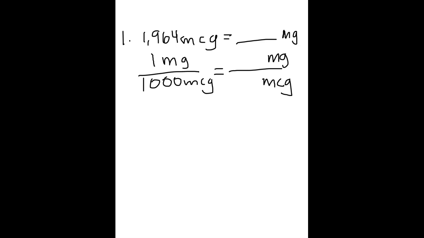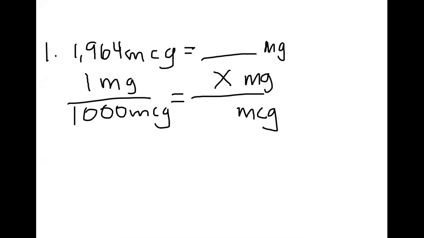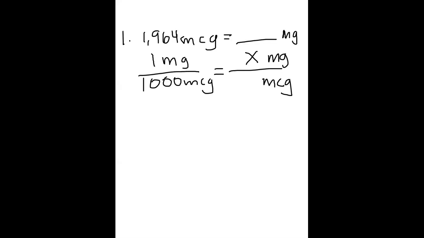Okay, and from our problem, X milligrams is what we want to find out. And we have 1,964 micrograms. So now we're going to cross multiply.